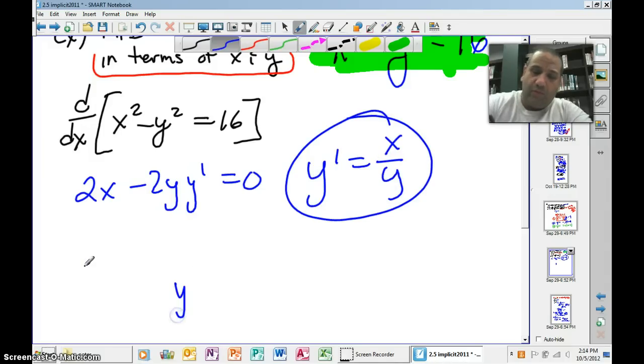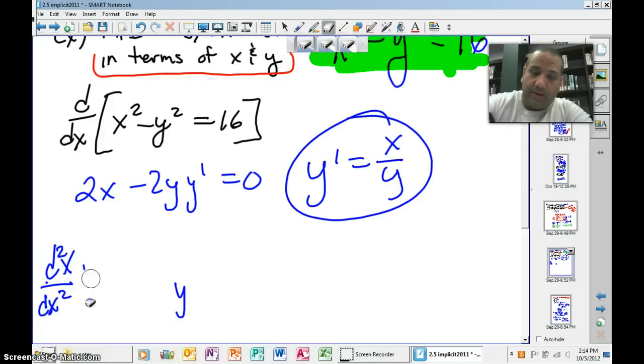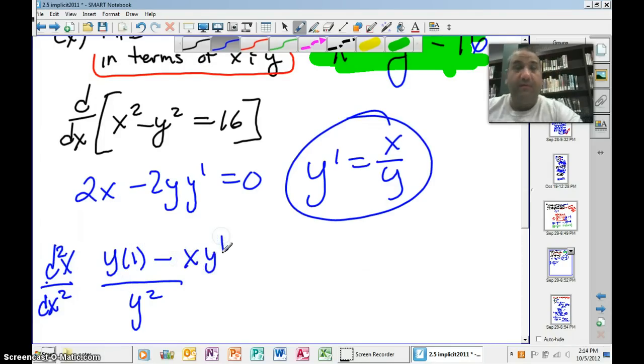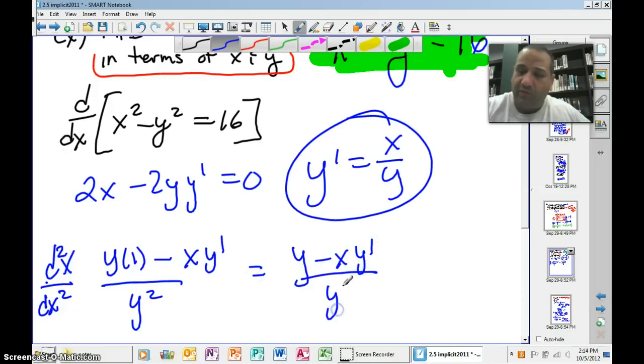So d2y over dx2 is equal to the bottom squared, and then it's the bottom times derivative of top, minus the top times derivative of bottom. Now I have another y prime, so I get y minus x y prime over y squared.